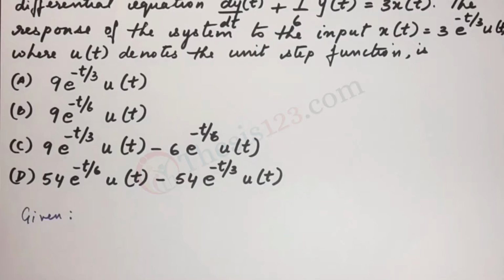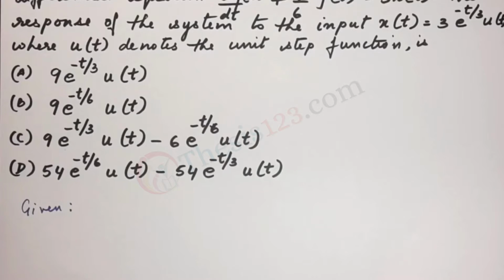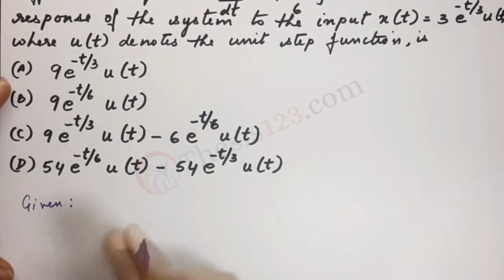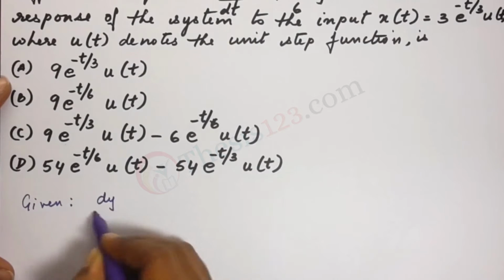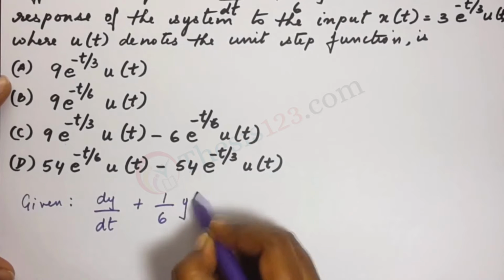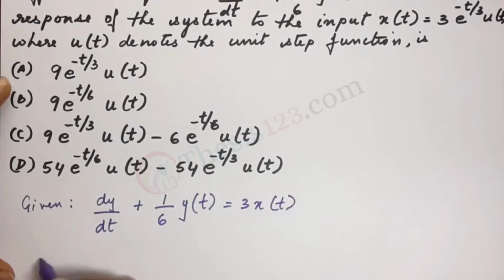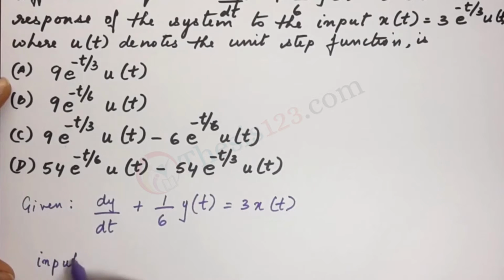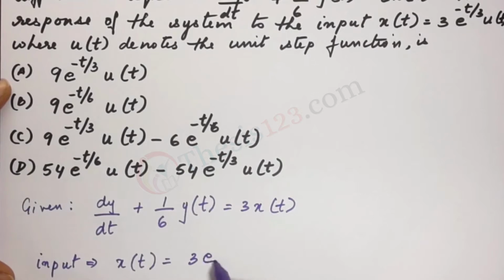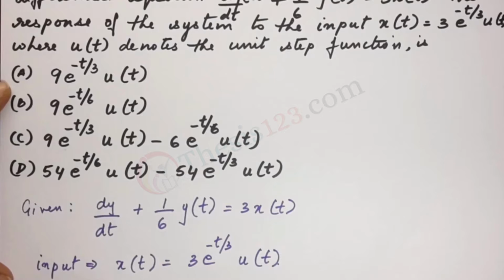Okay, so here the system has been characterized by the differential equation. So let's just write down what the given equation is. That's dy/dt plus 1/6 y of t is equal to 3x of t. And the input is given to us as x of t is equal to 3e^(-t/3) u of t.